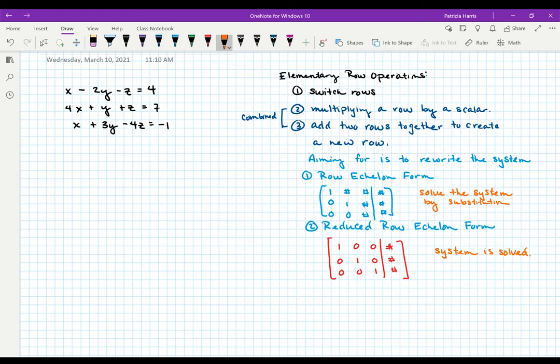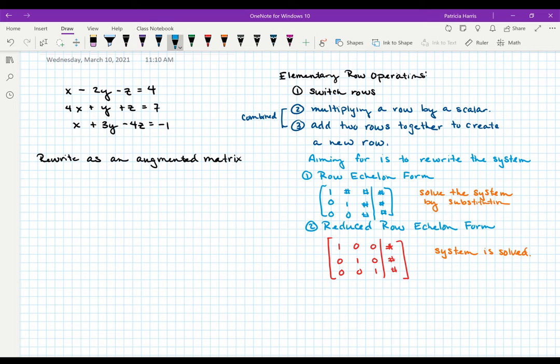Okay, so first thing you have to do is rewrite this matrix as an augmented matrix. And an augmented matrix is simply the coefficient matrix with the constant matrix just immediately to the right.